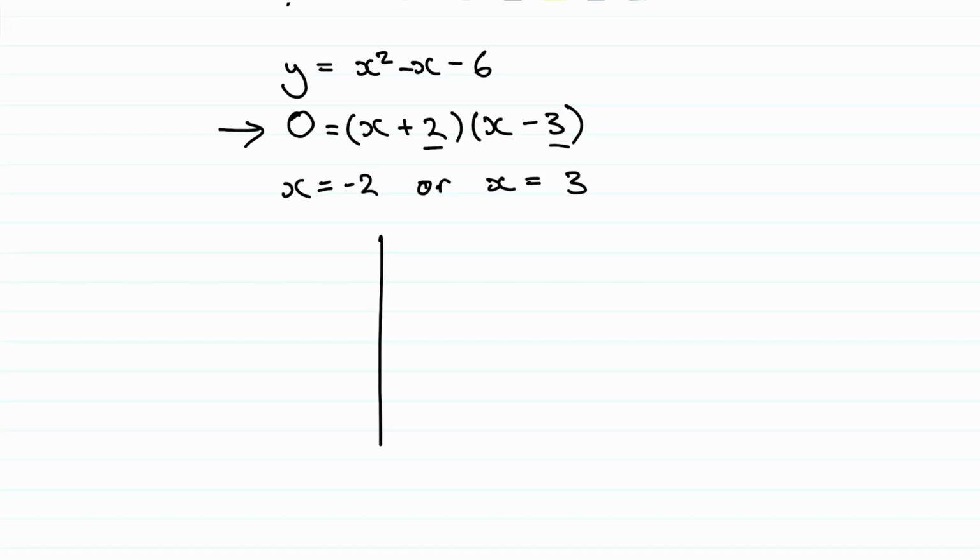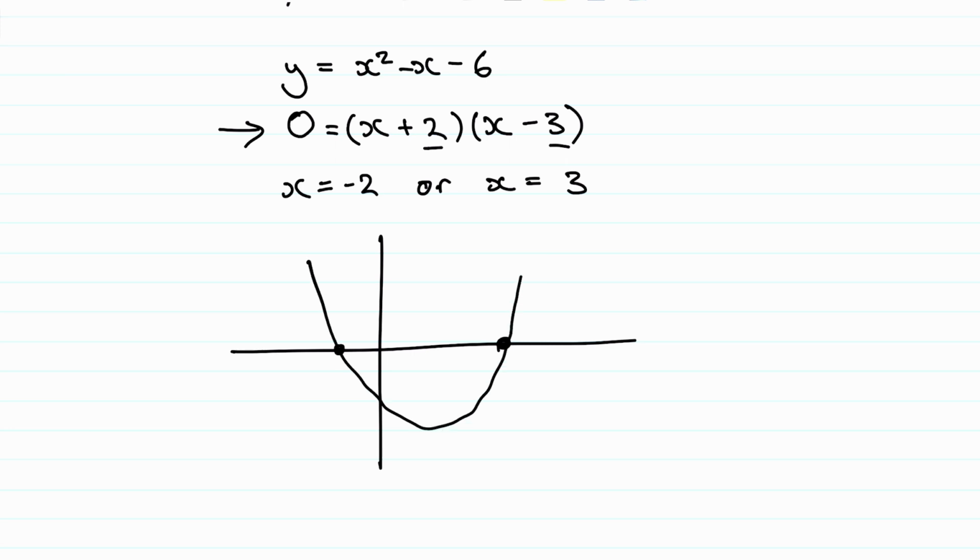And what that means then is that if you were to sketch this curve out, you'd get a positive quadratic, remember, going through x is minus 2 and x is positive 3 on the x-axis as your intercepts. And I drew that awfully, but if you go through the points, it should look something like that. So this is minus 2, this is 3.